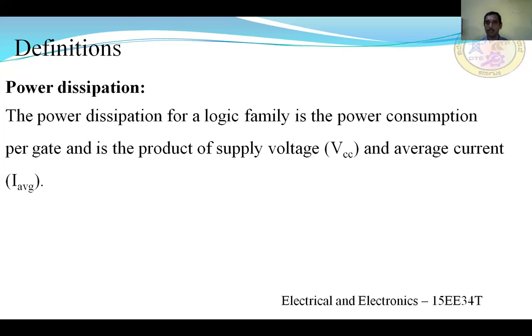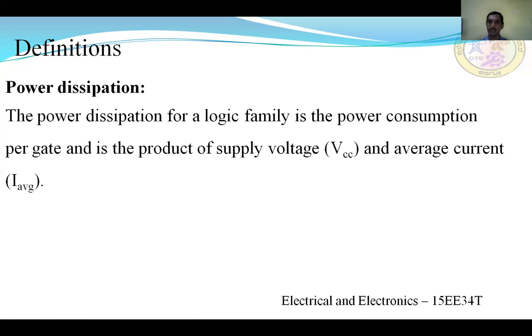Here also the gates consume power because they draw voltage and current. The formula is the same as for any power calculation: power is the product of voltage into current. Here it is VCC, the supply voltage, and the average current.